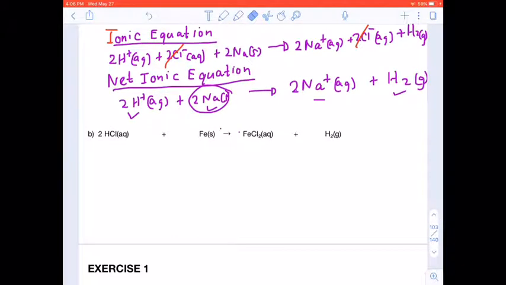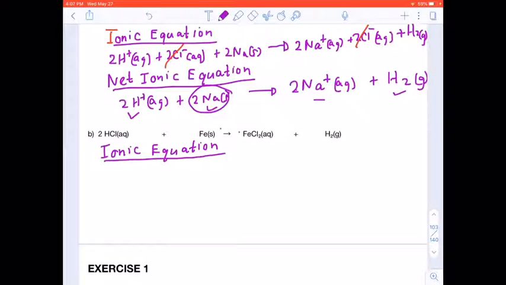If we look at the next one, here again we've got a molecular formula. Is it balanced? Yes, it's balanced. Let's look at the ionic equation.